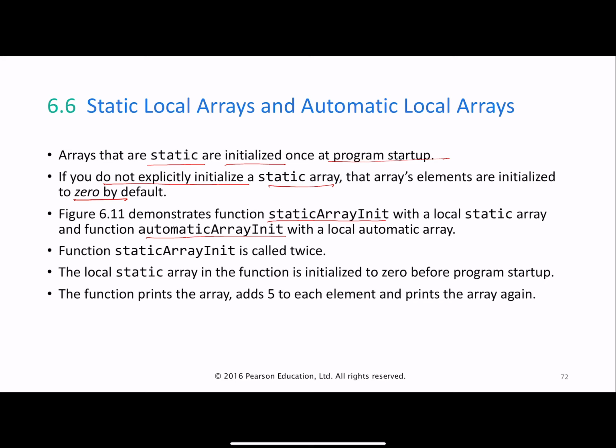The static array init function, like the name says, defines a static array inside. The automatic array init function defines an automatic array, just a regular local array like we've been using up to this point. And we're going to call each of these functions twice, and we're going to see the difference.